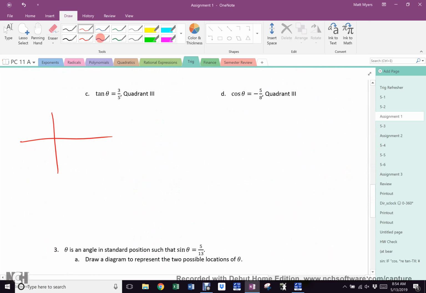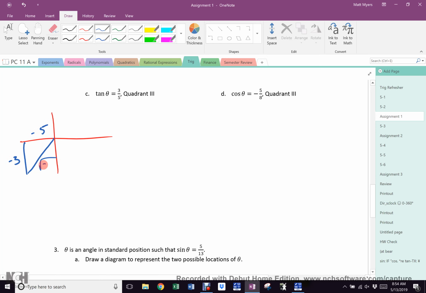Quadrant 3, that is down here. This is tricky. It's 3 over 5. How can the tan be 3 over 5 when I'm in this part of the world? Because that's negative 5, and that's negative 3. So what's this?